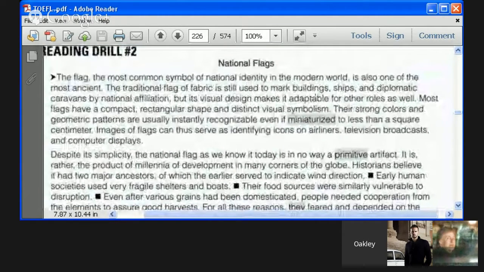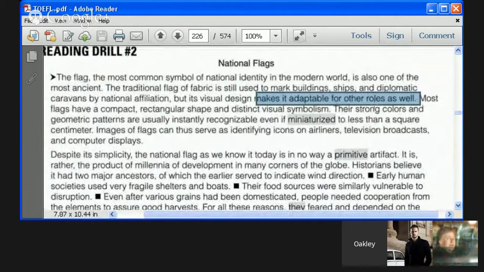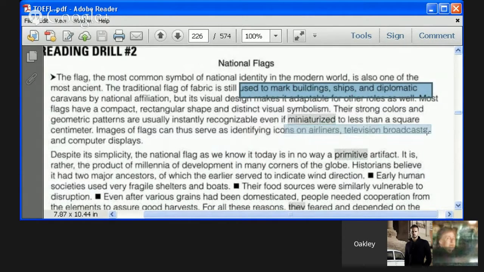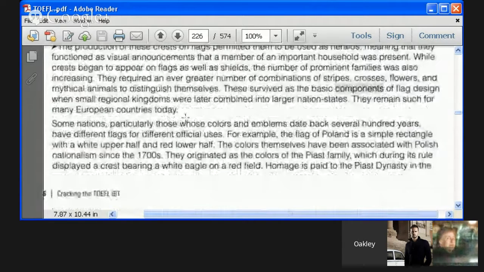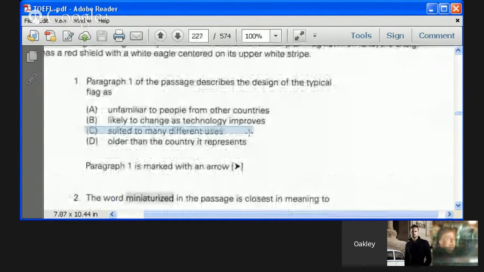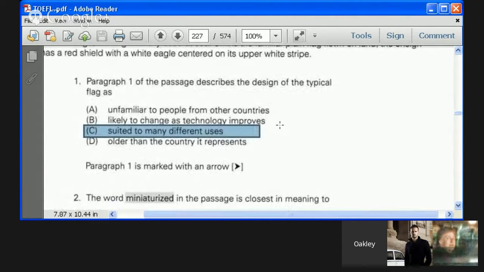Okay. Now, does it have multiple uses? It makes it adaptable for other roles as well. Look at that. Used to mark buildings, ships, diplomatic caravans. Later, it talks about airlines, television broadcasts, and so on. So there you go. It gives at least 6 examples of different uses of the flag.